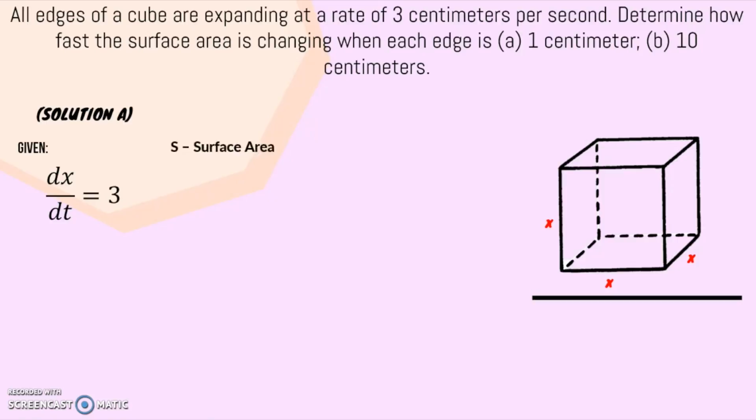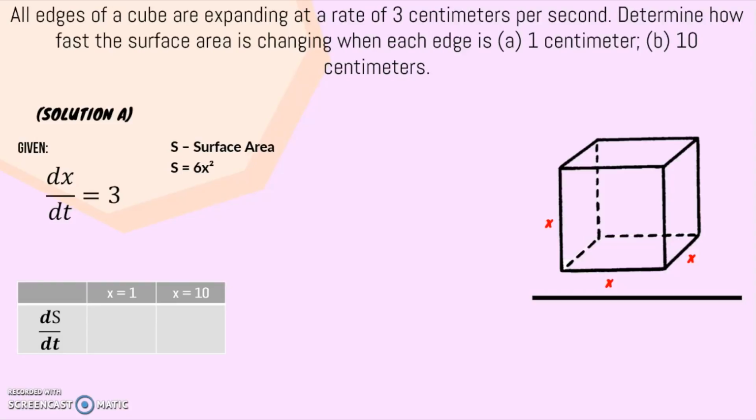We let S be the surface area, and we need to find dS/dt at the moment when each edge is, of course, 1 centimeter or 10 centimeters respectively. After that, we need the formula for the surface area of a cube, which is 6x squared, because each face measures x squared and there are 6 faces in a cube.